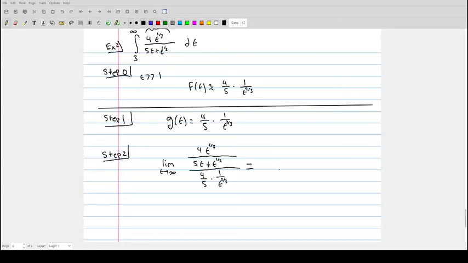So this is the same thing as the limit as t goes to infinity of t to the 1/3 times t to the 2/3, so you have 5 times 4 is 20, and t to the 1/3 times t to the 2/3 is just t to the 1, over 4 times 5t plus t to the 1/2.